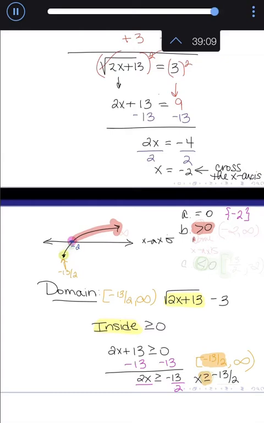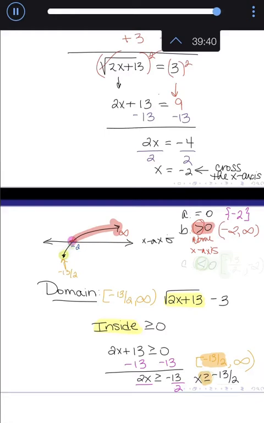Greater than 0 means above the x-axis, positive values. Notice that this part of your graph begins at -2 and continues off to infinity. The question is, should I have a parenthesis or a bracket at -2?